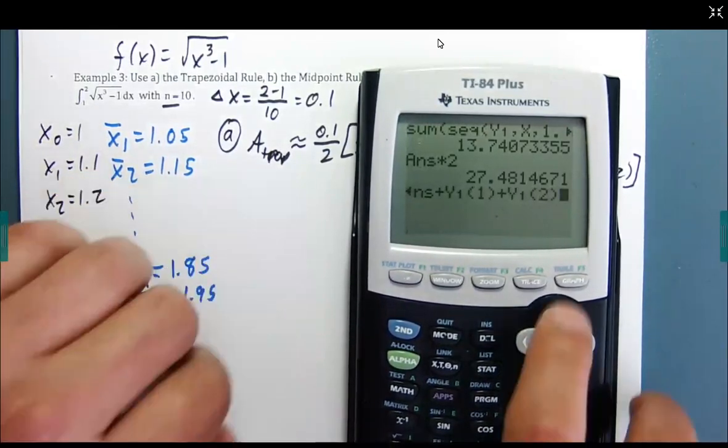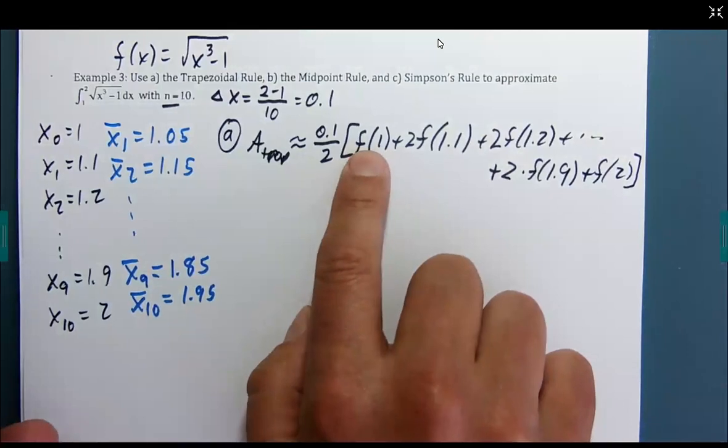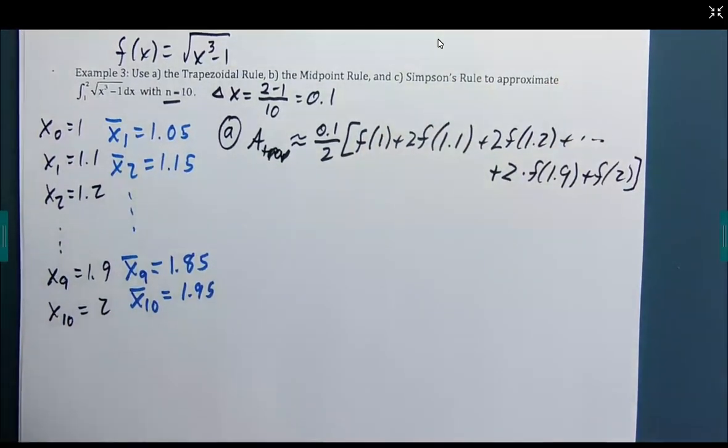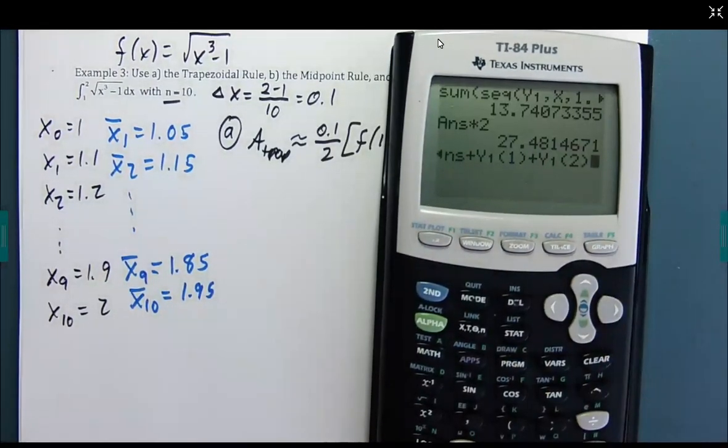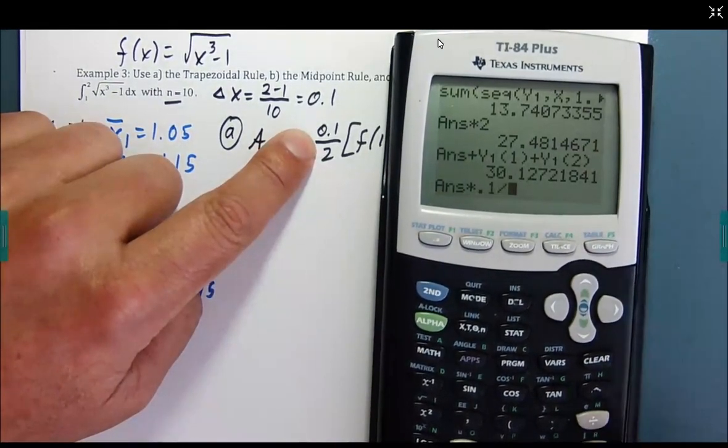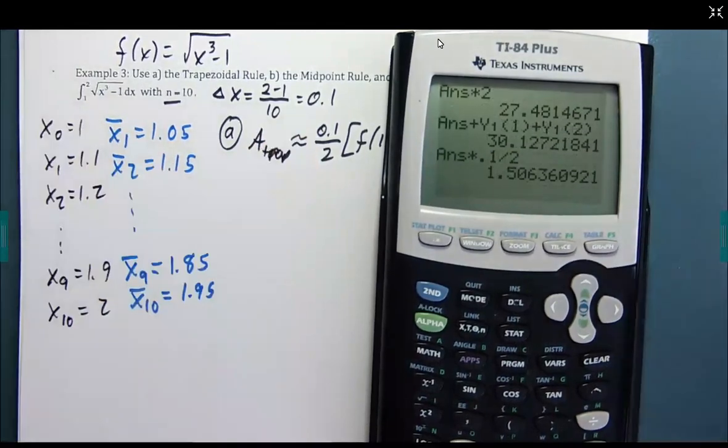So what I'm doing is I'm adding the first one and the last one to this middle bunch. Enter. Now I'm going to go times 0.1 divided by 2. There we have it.